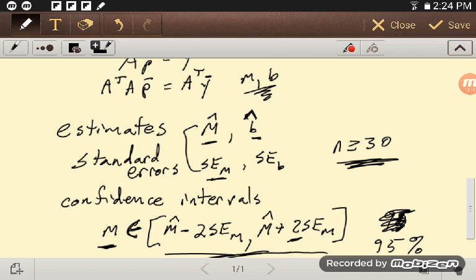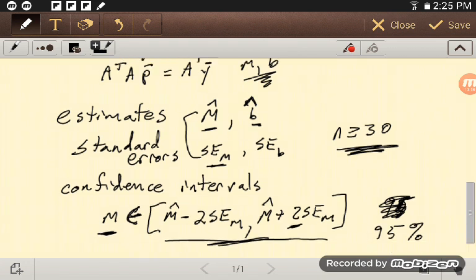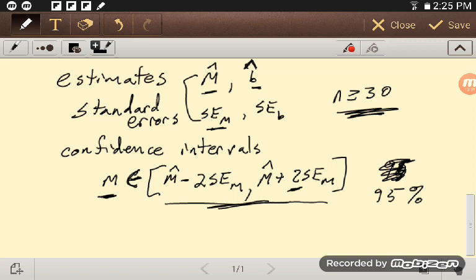If it's a smaller sample, like n equals 10 or 12 or something, 20 even, it's not quite as close a rule of thumb, but you could just bump it up to 2.5 instead of 2 for that multiplier, and that would work fine.